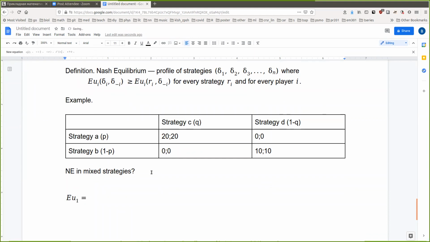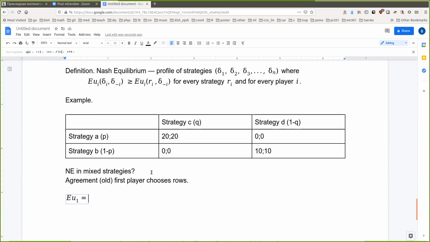The first player chooses rows. That's our agreement.